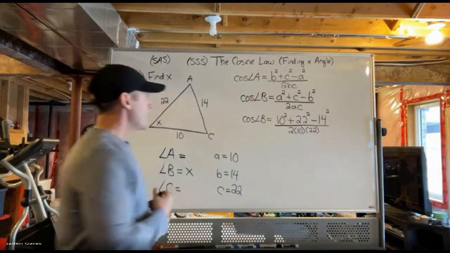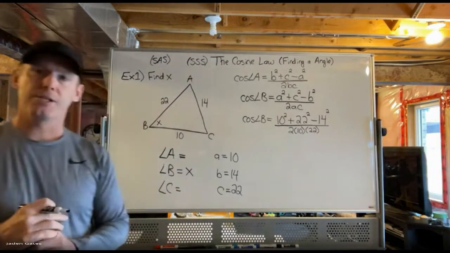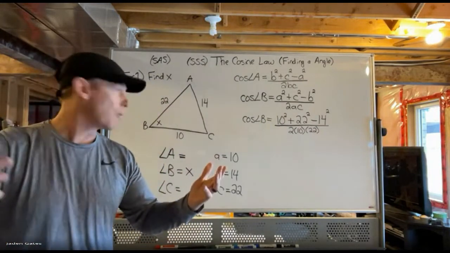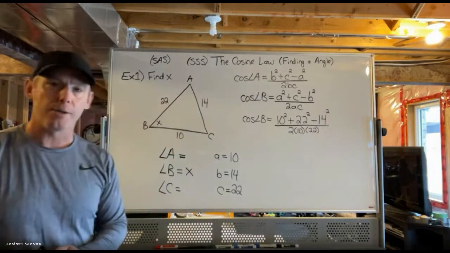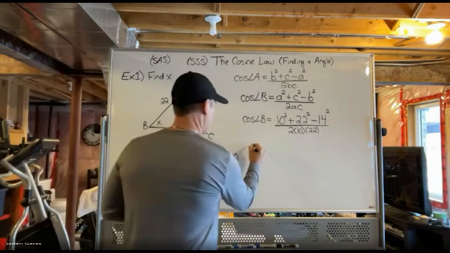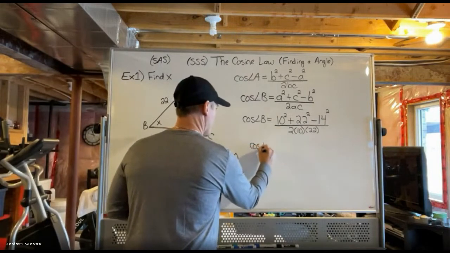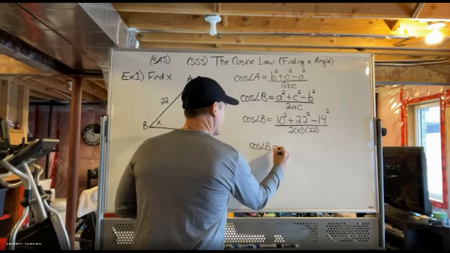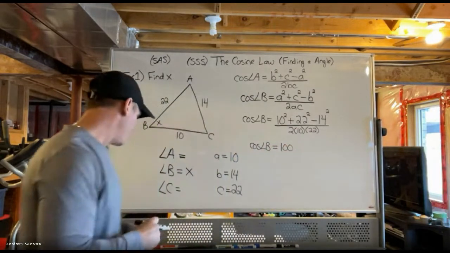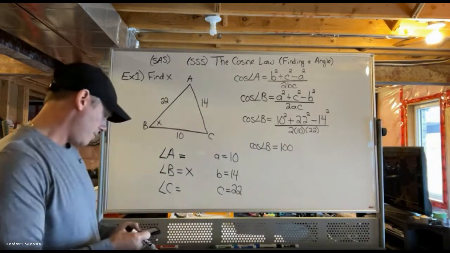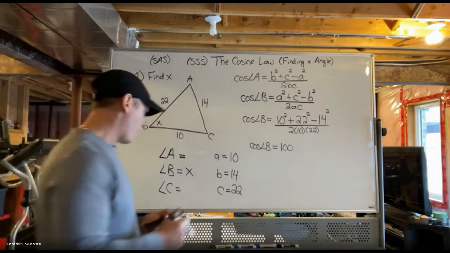All right, so now it's time to simplify this. And so I'm going to do my exponents first, because again, I would do brackets with BEDMAS, but there's nothing going on in the brackets. All right, so I have the cosine of angle B is equal to, well, 10 squared I know is 100. 22 squared, let's see here, I get 484.